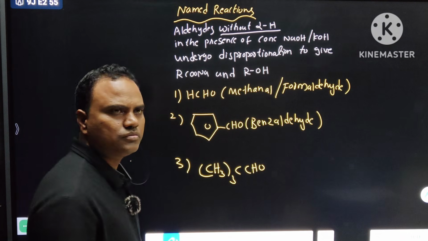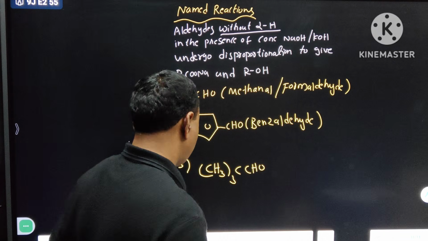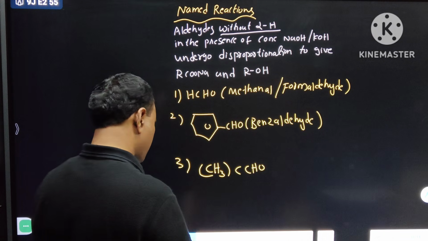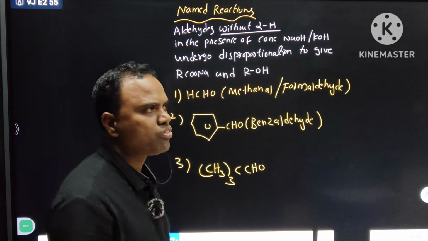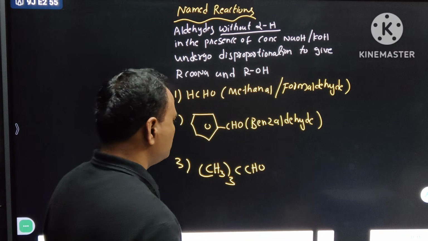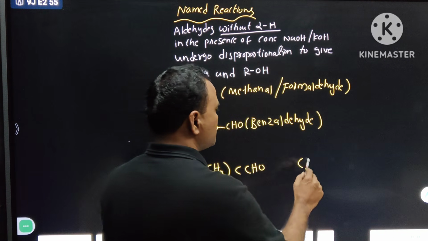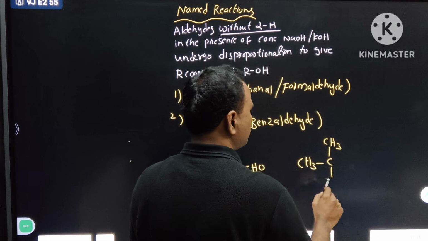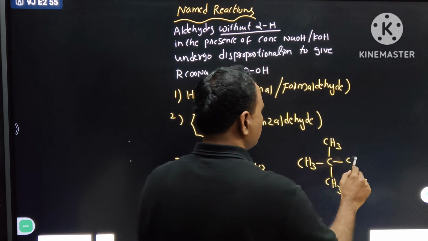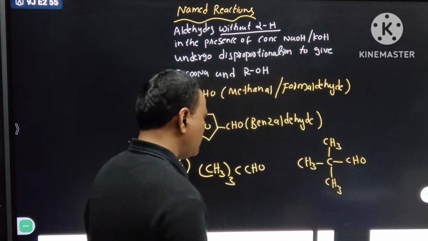Now I am taking this example, the third one. Will this undergo the reaction? Why? Because there is no alpha hydrogen. This can be written like this. What is its name?